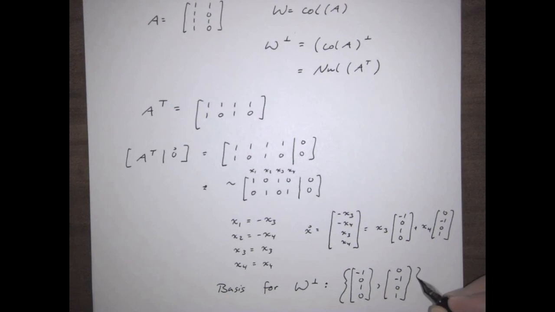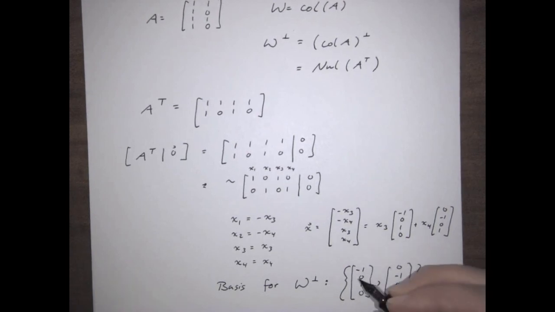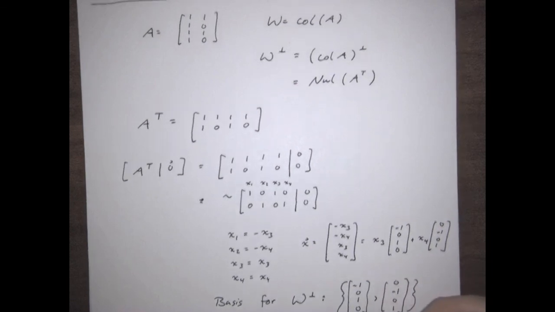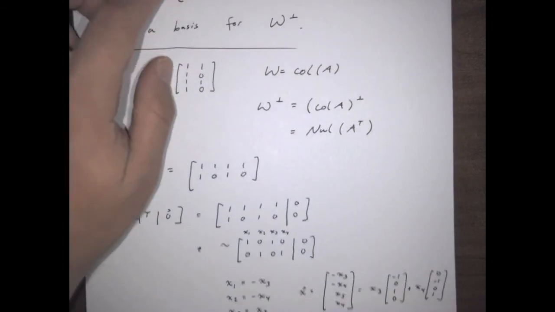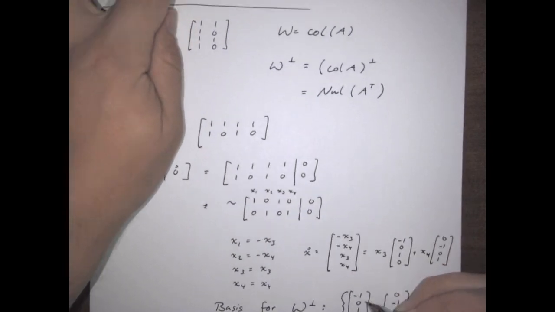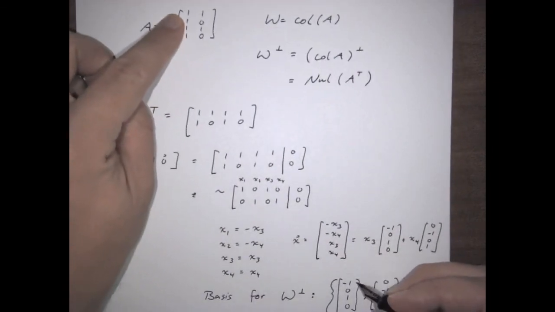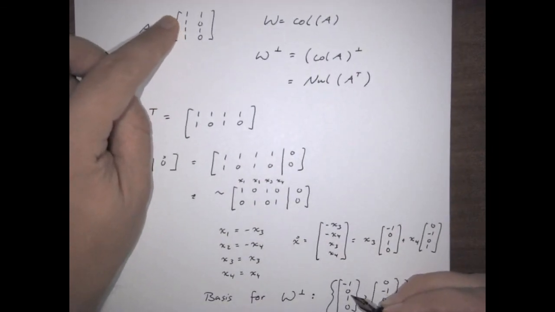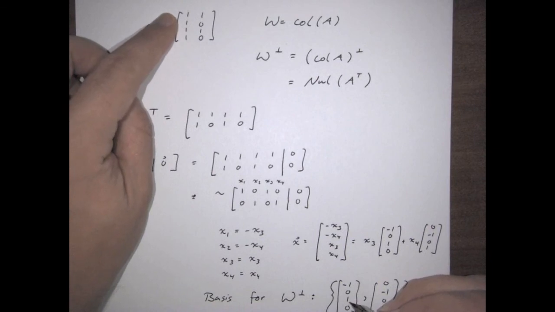And if you wanted to check these, you can check, are these perpendicular to the elements of B? You can do the dot products here. So negative 1 times 1 makes a negative 1, plus 1 equals 0.